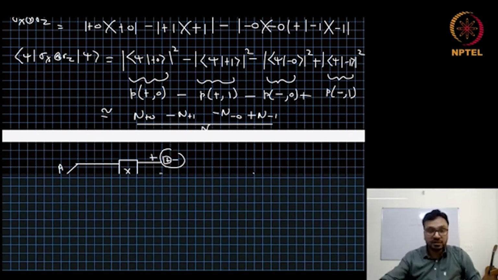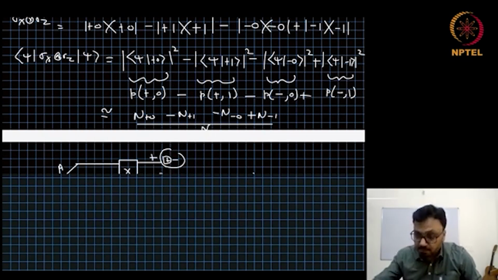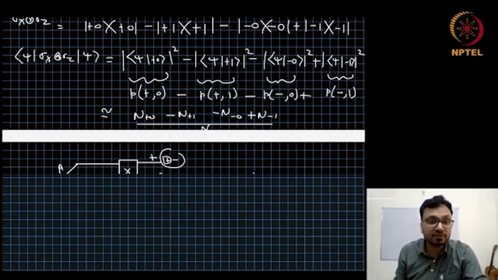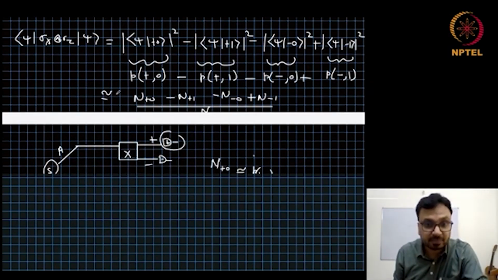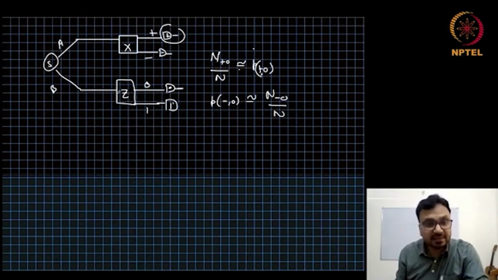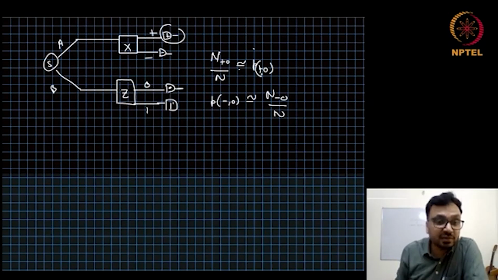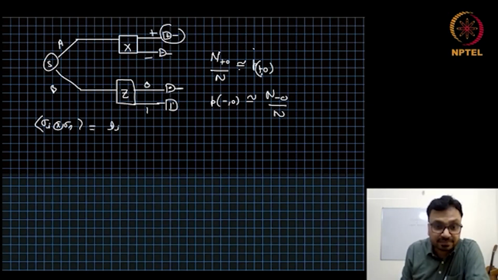So the expectation value is the number of simultaneous clicks in these pairs of detectors divided by the total number of qubits. Similarly, we can calculate the expectation values of all the sigma i tensor sigma j, and this will give us Tij.